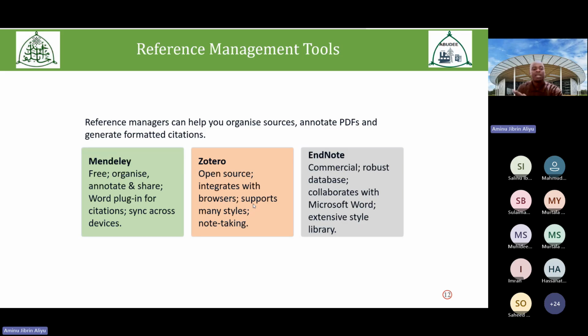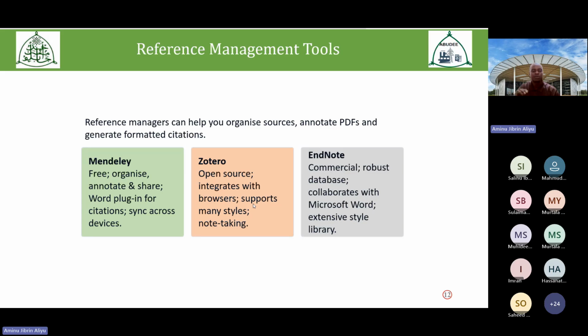Among the many reference management tools, the major ones we have are Mendeley, Zotero, and EndNote. Mendeley is free, and it is also excellent for organizing and annotating. It also uses a Word plugin, and you can synchronize across many devices. Zotero is also open source.